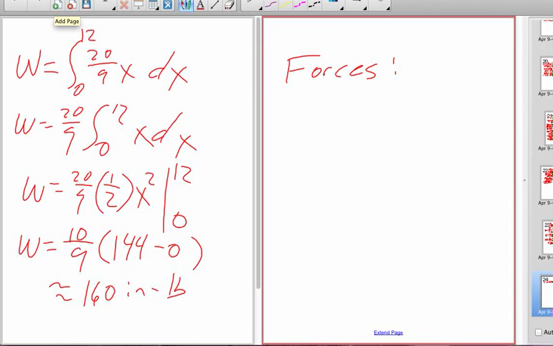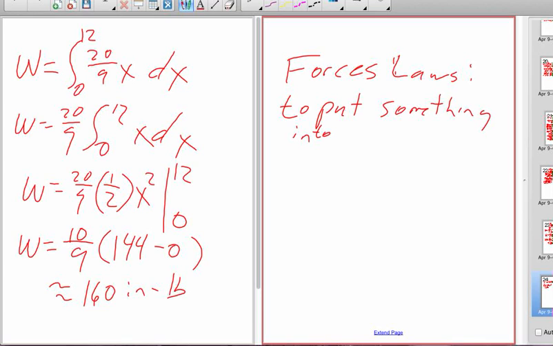So, your force laws that you're going to be dealing with: Hooke's law for the spring. If you want to put something into space, you use Newton's law of gravitation. These are in your book.